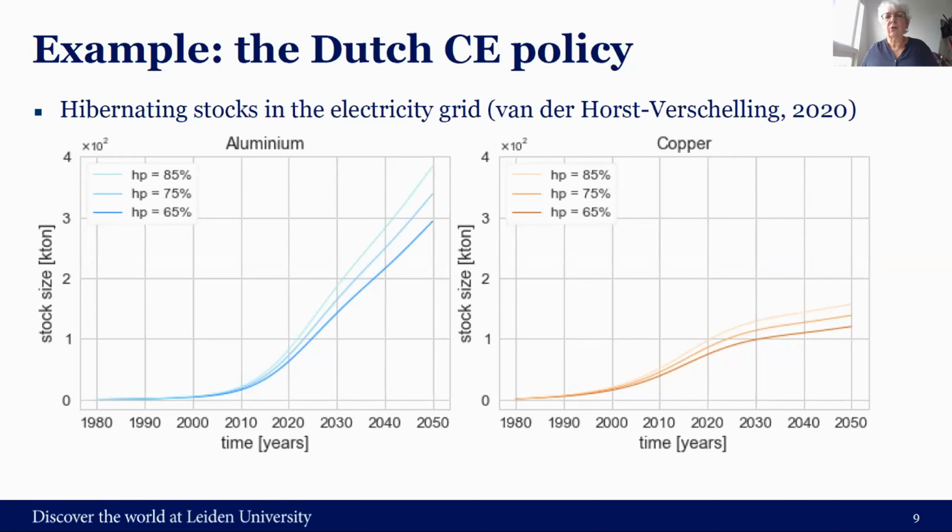And this hibernating stock is expected to grow significantly, especially for aluminium, because, well, in new cables, hardly any copper is used anymore. It's almost all aluminium nowadays. So this hibernating stock is really expected to grow a lot. And this is just material that lies around doing nothing. Of course, it's a bit of a hassle to take it out.